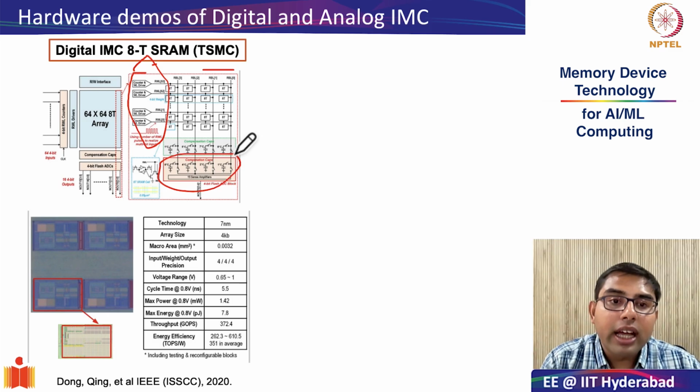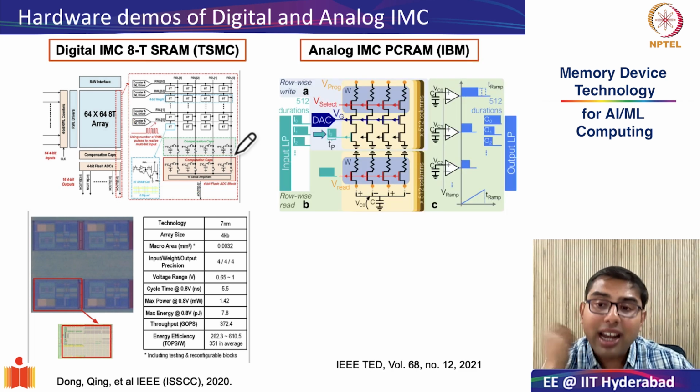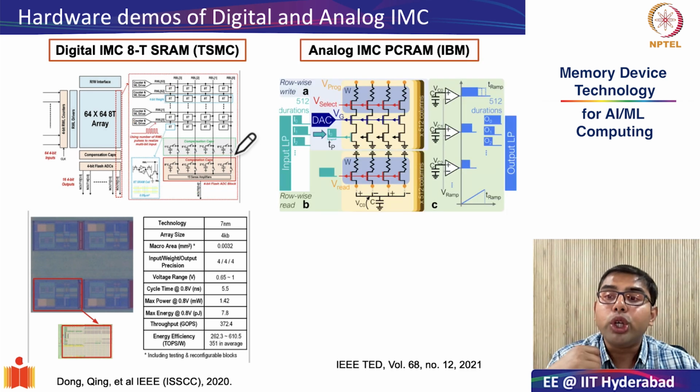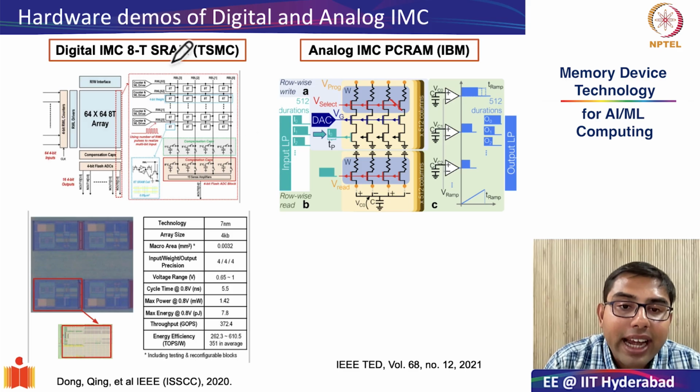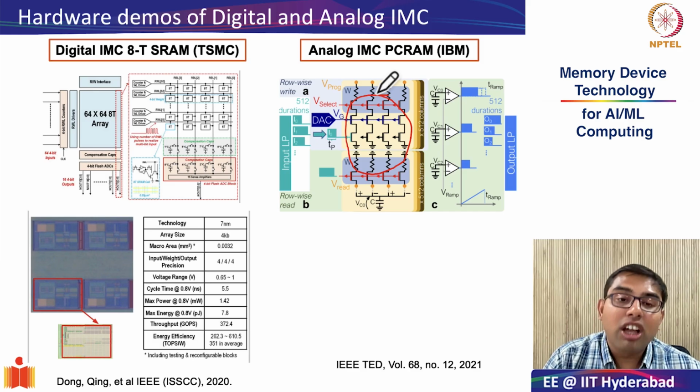So with this, let us move on and look at some implementations of analog in-memory computing using phase change memories, which are used to perform massively parallel matrix vector multiplications directly inside the memory array, which consists of 1T1R cells, where this 1R is the PCRAM.